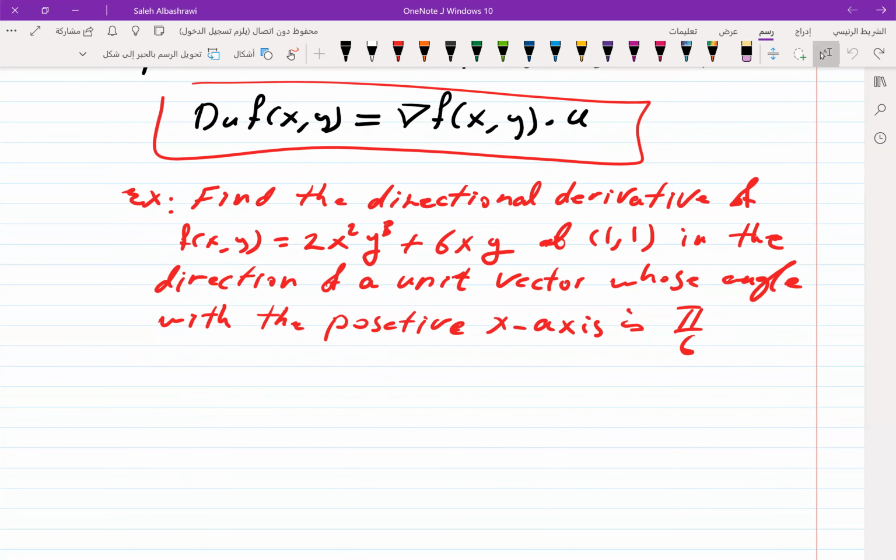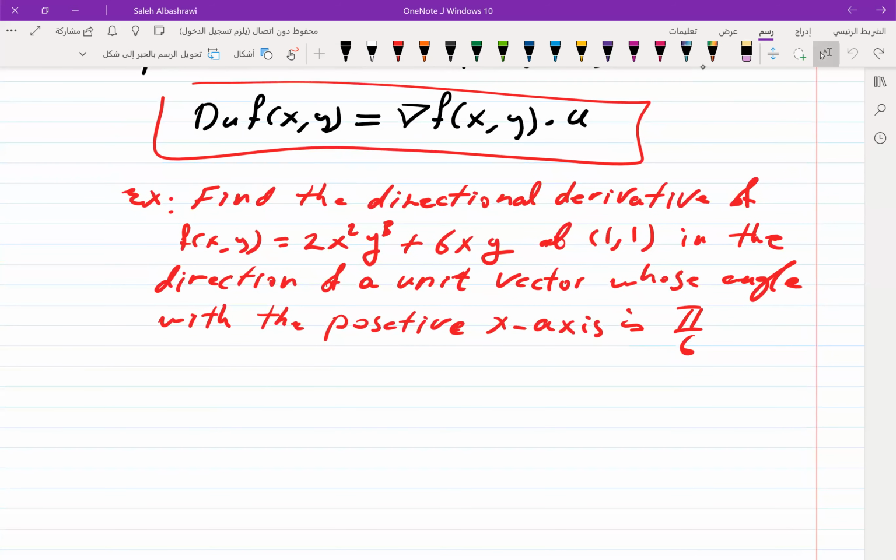So we need to find the directional derivative of the given function at the given point 1, 1 in the direction of a unit vector whose angle with the positive x-axis is pi over 6.